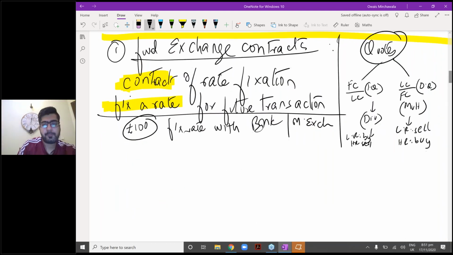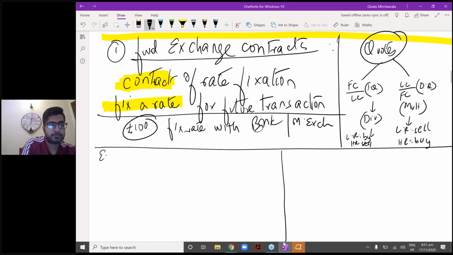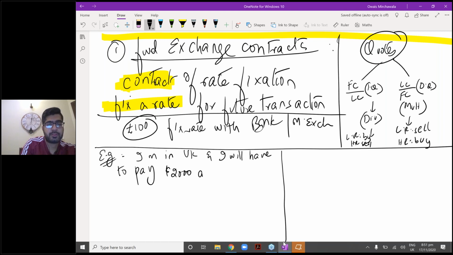Through these examples, you will learn how these quotes are applied. I am in UK and I will have to pay $2,000 after 3 months. Rates are dollar over pound.